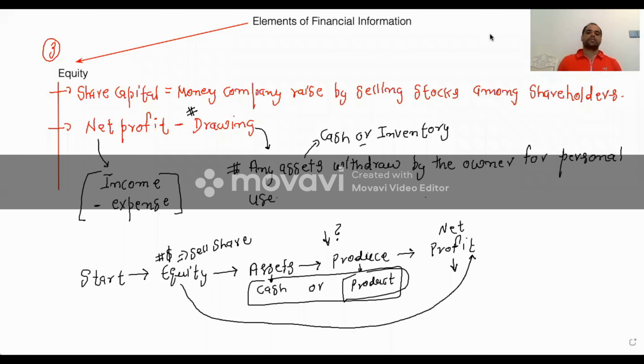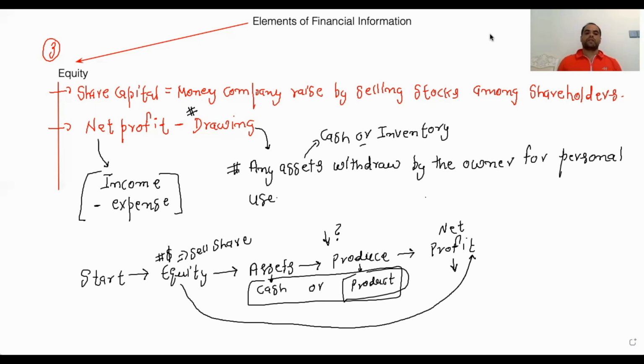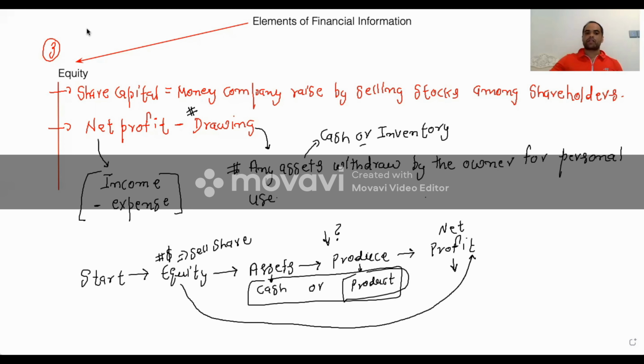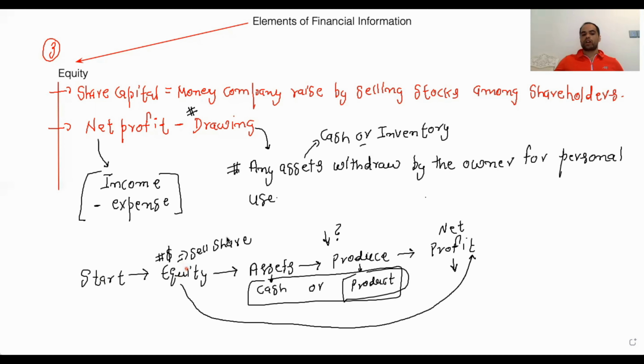Any questions? Yes. Can you explain again from the start of the equity to the net profit? Okay. It's the same thing that we covered before. We start a business, what we need is finance. Finance comes from selling stocks, right?